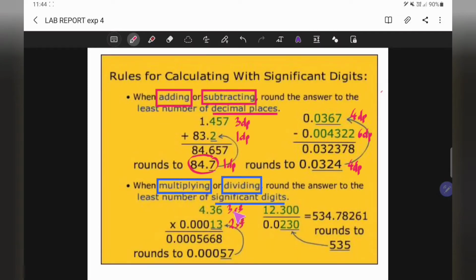The least number of significant figures is 2. That is why the final answer should be rounded to 2 significant figures.